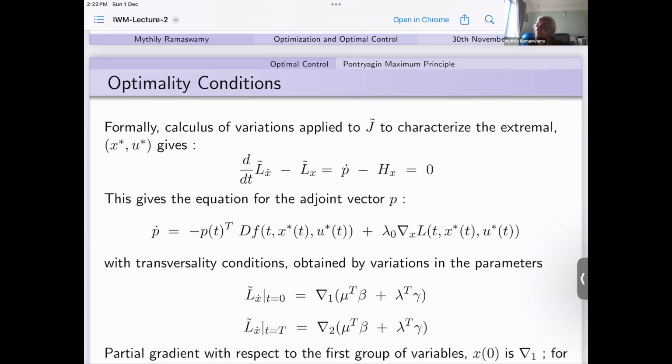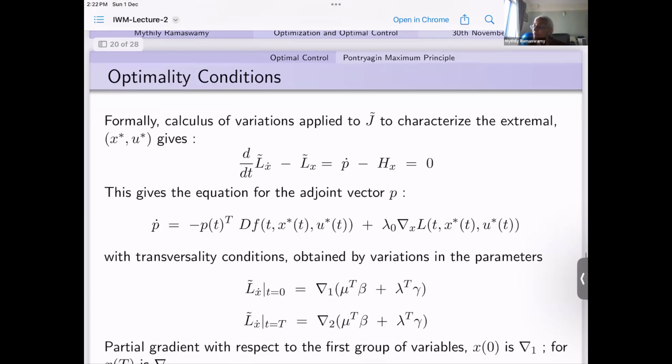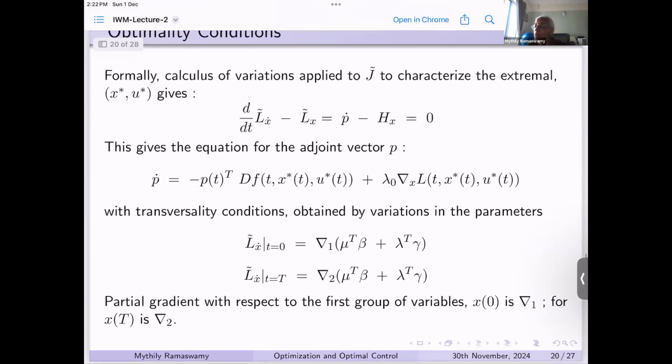Now transversality conditions are obtained through variations in the parameters. So L tilde has to be differentiated with respect to x dot and evaluated at t equal to 0. I have put gradient 1 to denote it is differentiated with respect to the first group of variables, which is x0.